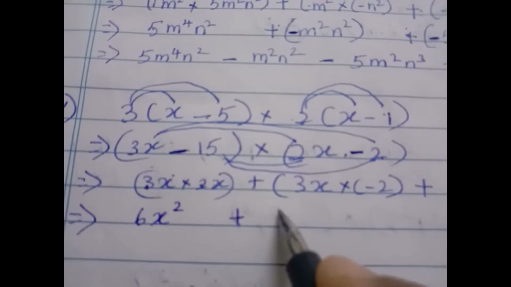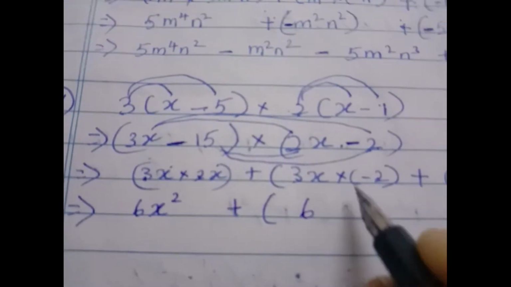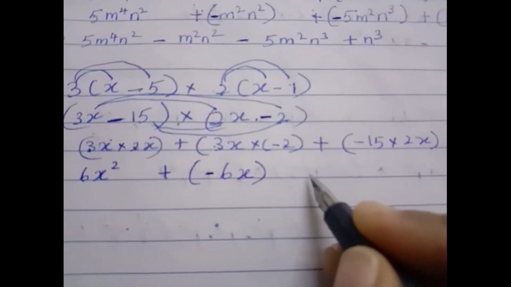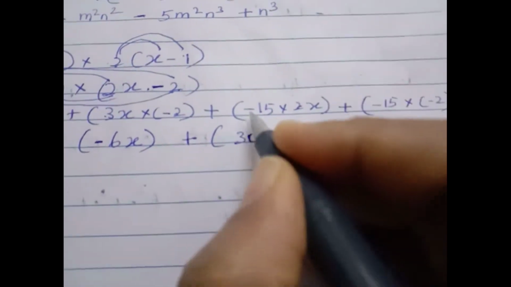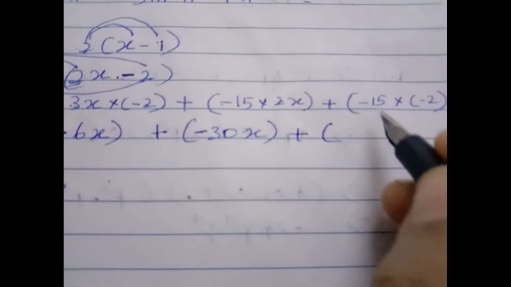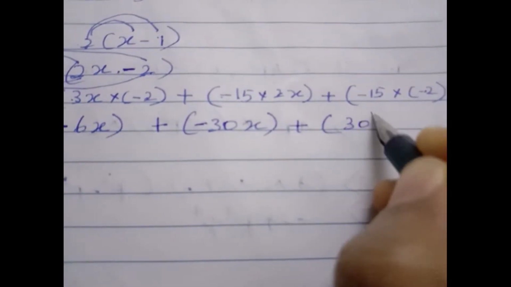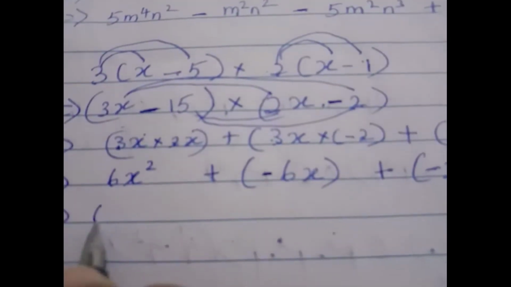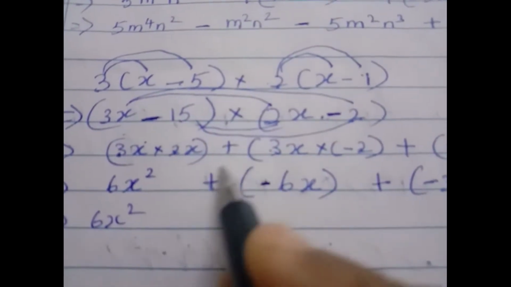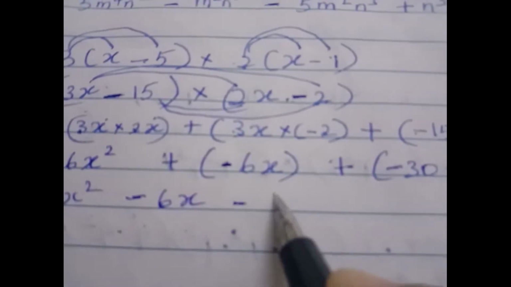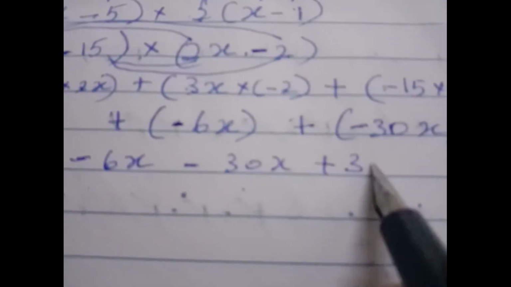Plus 3 2s are 6, plus into minus is minus x. Again plus 15 2s are 30, minus into plus is minus x. Plus 15 2s are 30, minus into minus is plus, which is equal to 6x square, plus into minus is minus 6x, plus into minus is minus 30x plus 30.